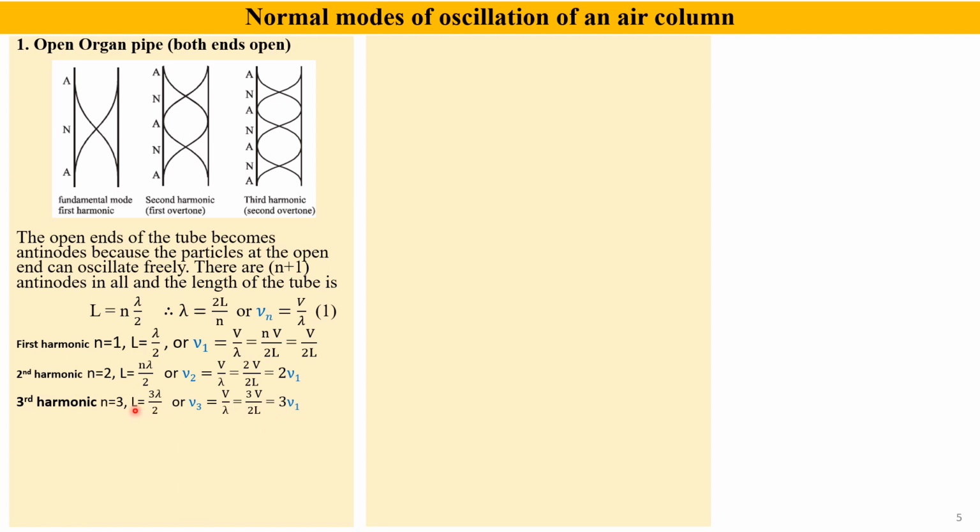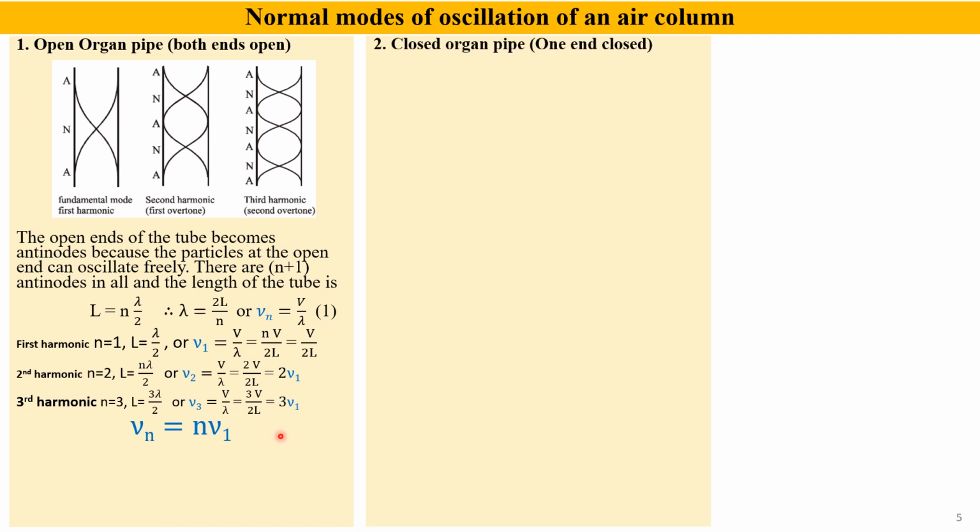So the third harmonic is 3 times nu 1. Thus the general formula for the frequency nu n in the case of an open organ pipe, which is open at both ends, is given by nu n is equal to n times nu 1, where nu n is the nth harmonic.